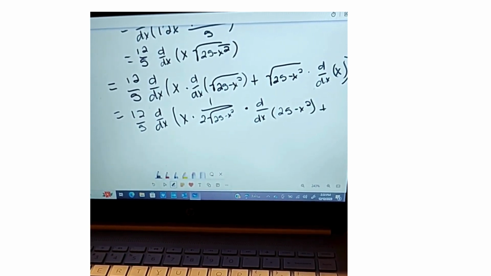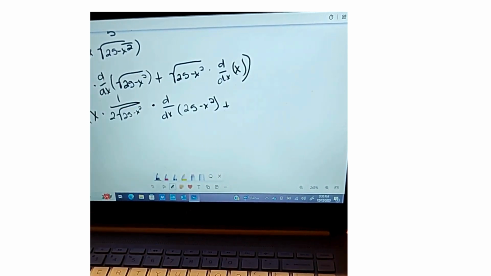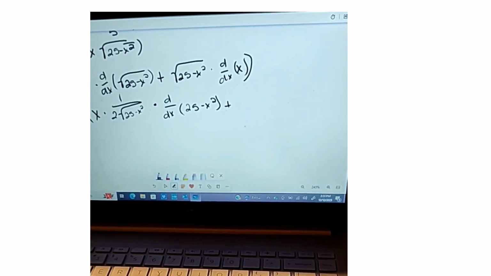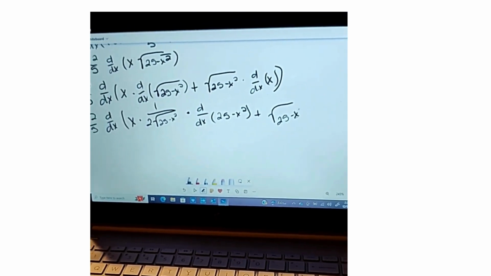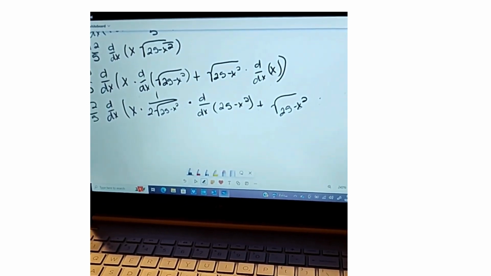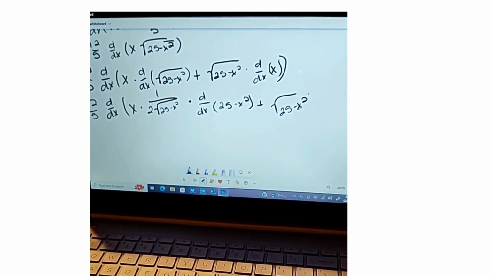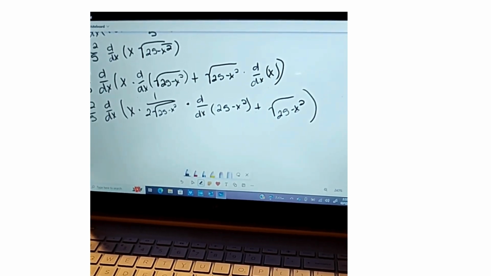And then plus 25 minus x squared, and that's the inside of that.